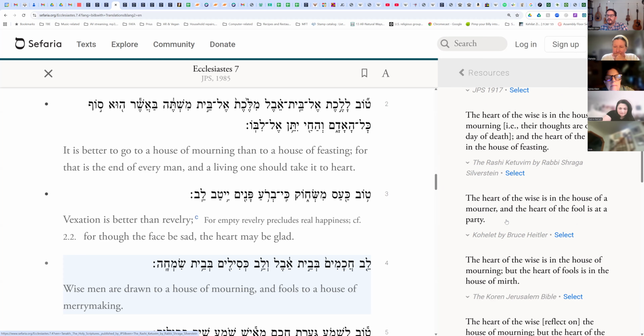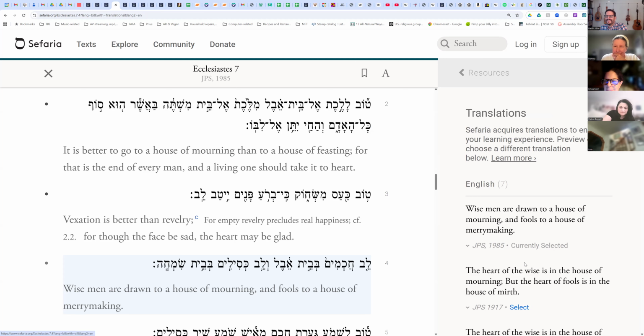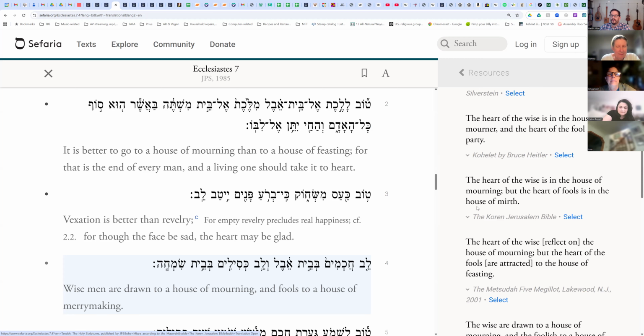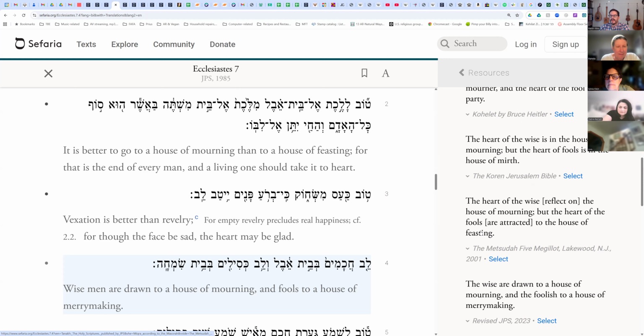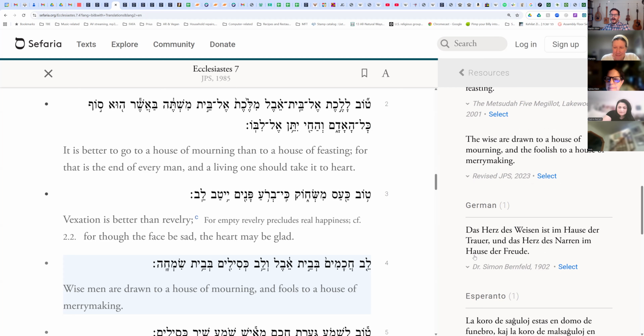And the heart of the fool is at a party. Well, there you have it. They're basically saying they're one and the same. House of mirth in the Quran, house of feasting, back to that. And then the revised JPS goes with merrymaking. Well, look at this. How about Dr. Shimon Bernfeld? Haus der Freude.